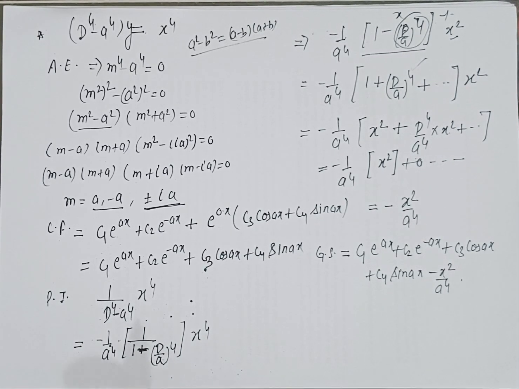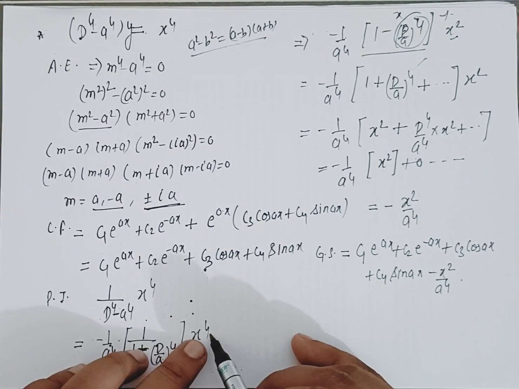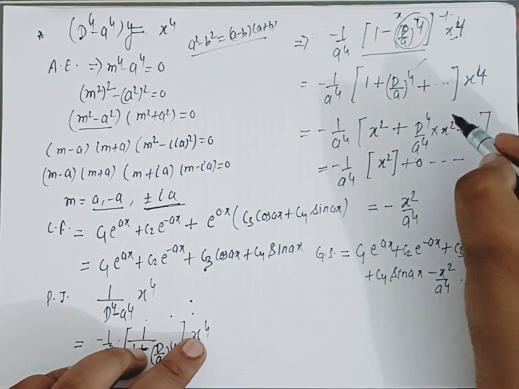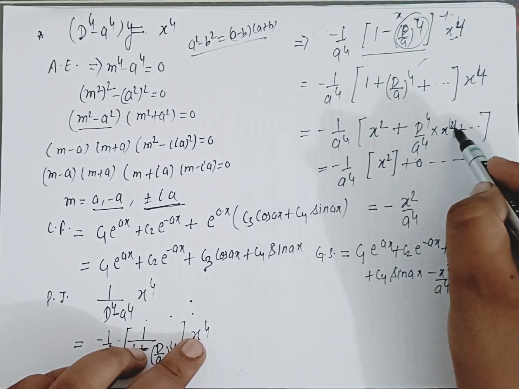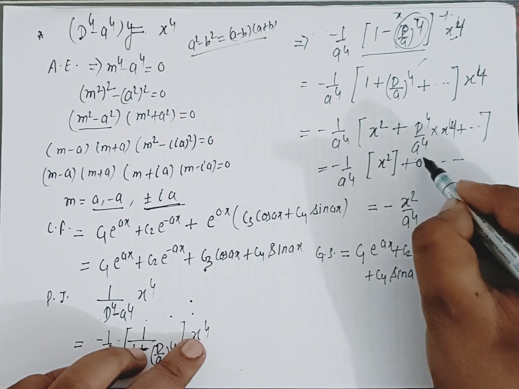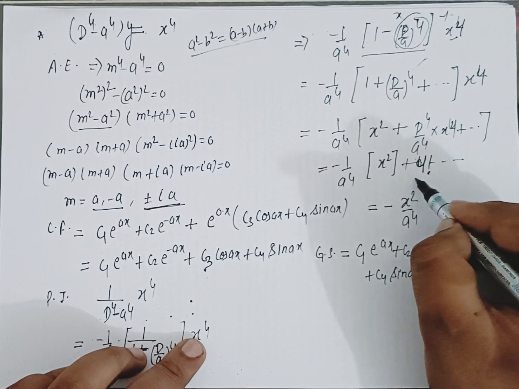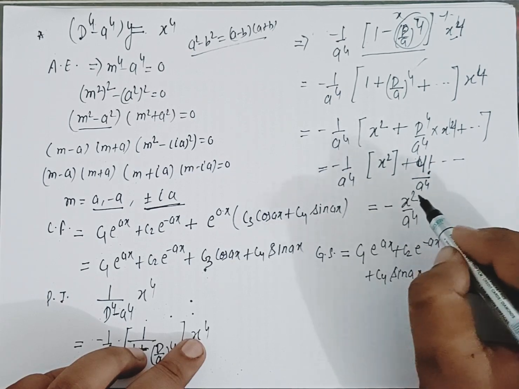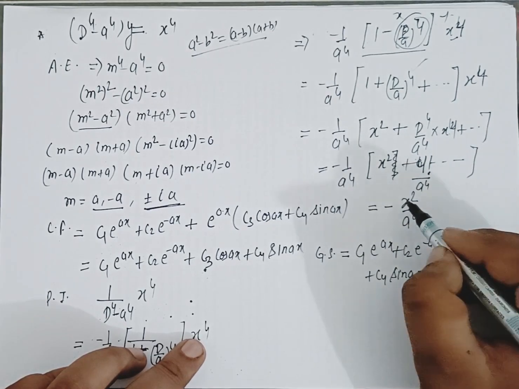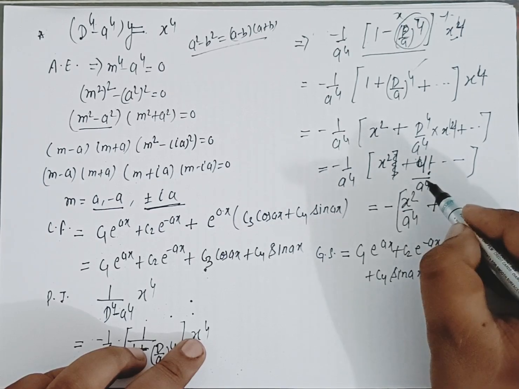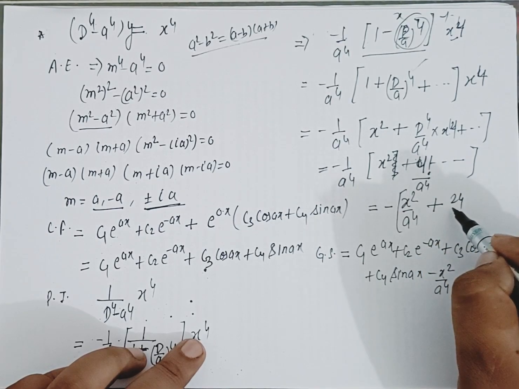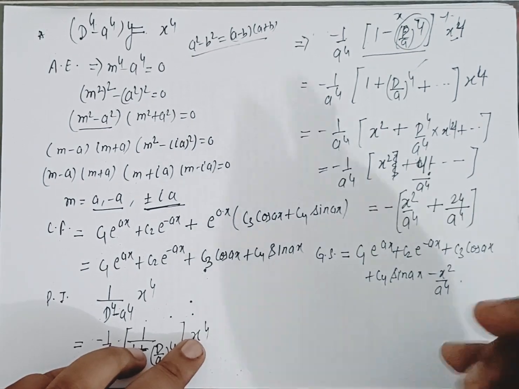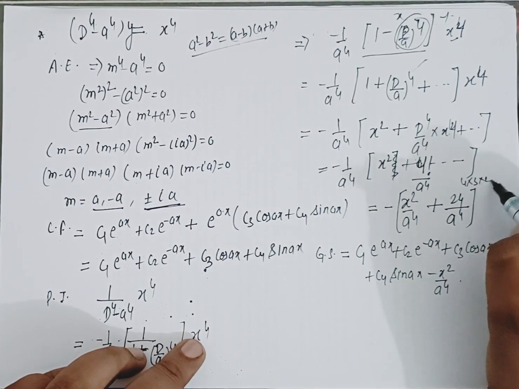Similarly, I think we have made some mistake here because we are having here x4. So there should be x4, not x square. It should be x4. So what about this? It should be 4 factorial upon a to the power 4, and it should be plus 24 upon a to the power 4, because 4 factorial is 4 into 3 into 2 into 1.